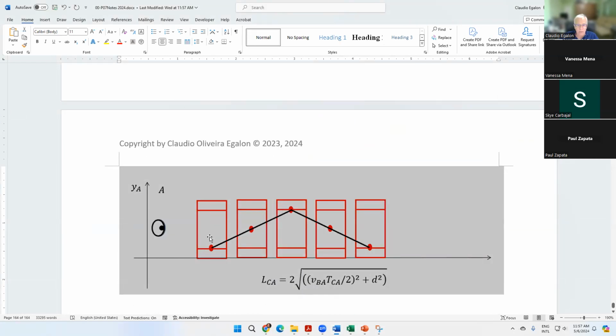This distance is D. This distance is V_BA, and from here to here, it takes an amount of time equal to the period of the clock divided by 2. Make sense?